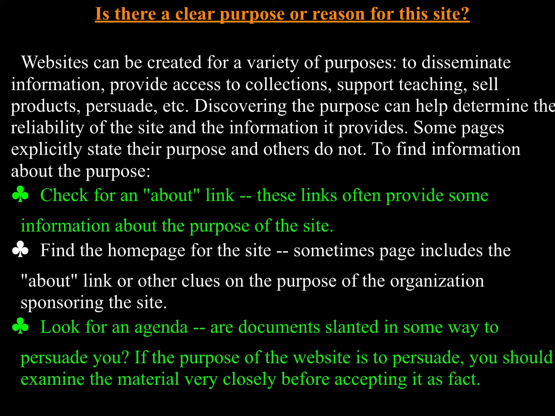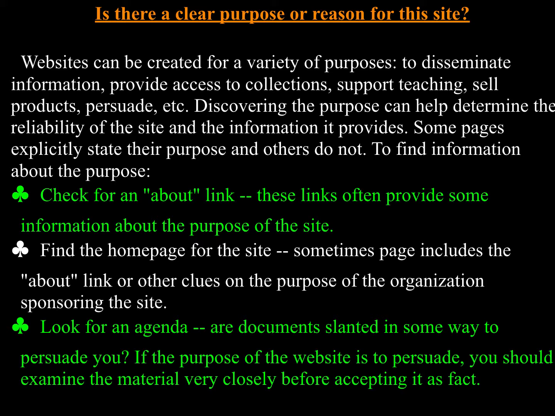To find information about the purpose, check for an about link. These links often provide some information about the purpose of the site. Find the home page of the site. Sometimes the page includes the about link or other clues on the purpose of the organization sponsoring the site.